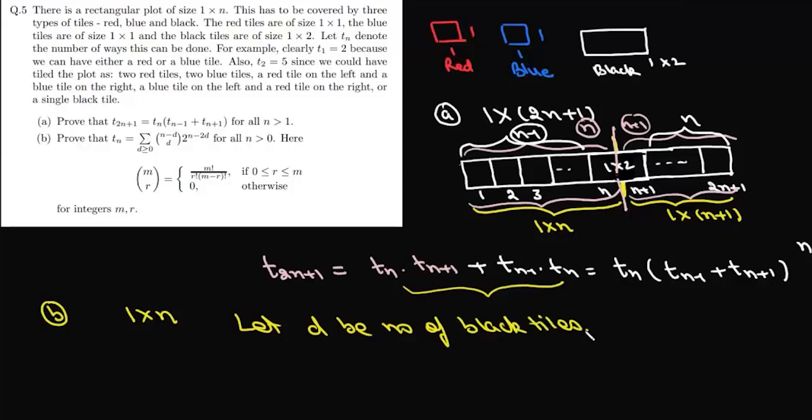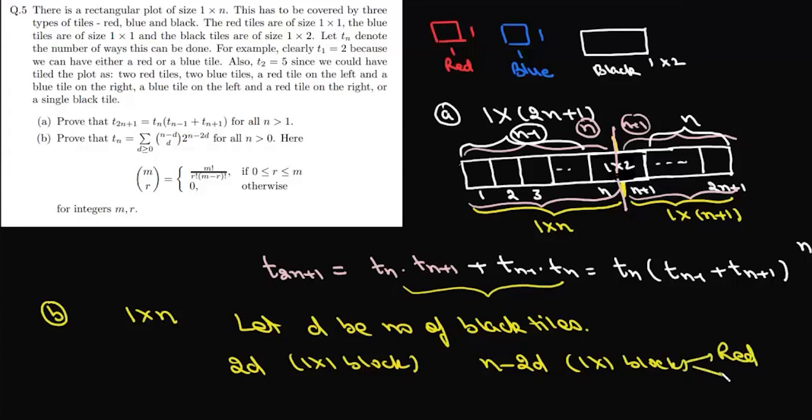Since we are using d black tiles, these black tiles are going to cover 2d 1 cross 1 blocks. So we are left with n minus 2d 1 cross 1 blocks, which are to be filled with either red or blue.